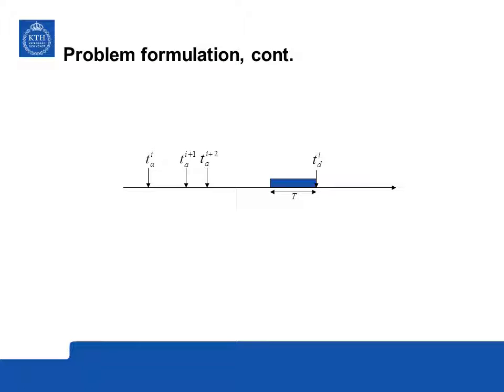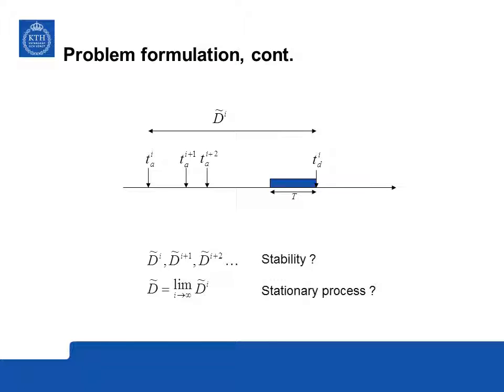And the difference between t_i^D and t_i^A we call d tilde i, which is the message delay for message number i.